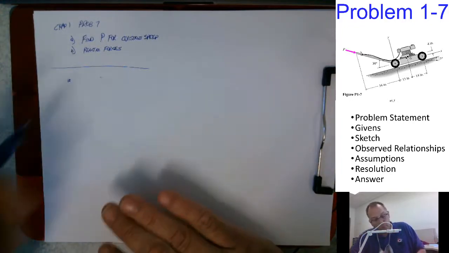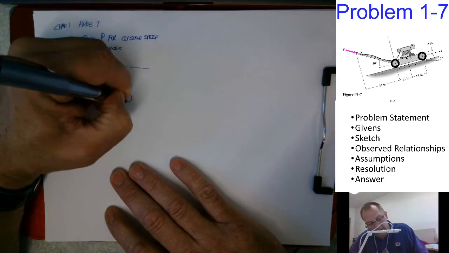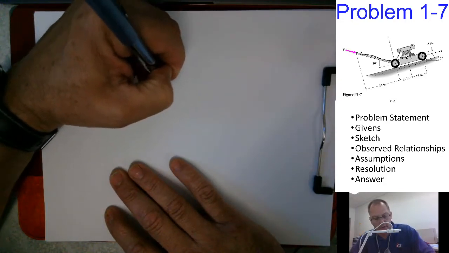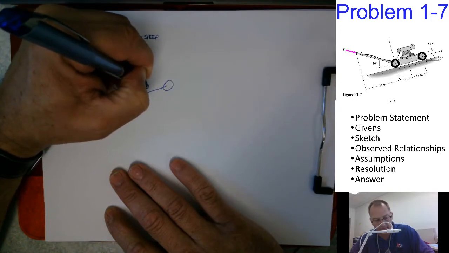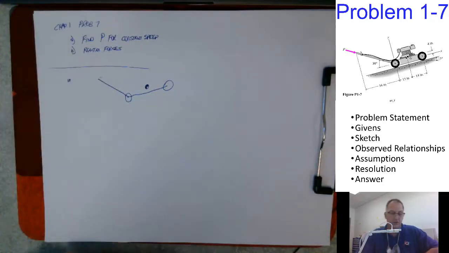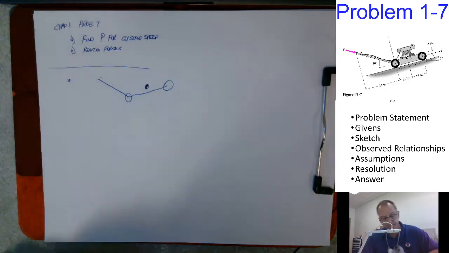Well, we start redrawing that picture a little bit. I've got this going through my rear wheel, going through my front wheel, and I had a CG here.